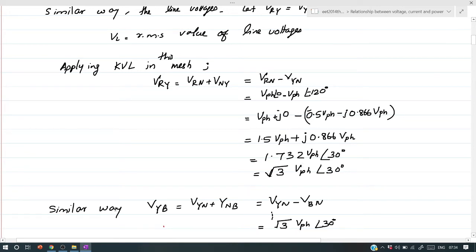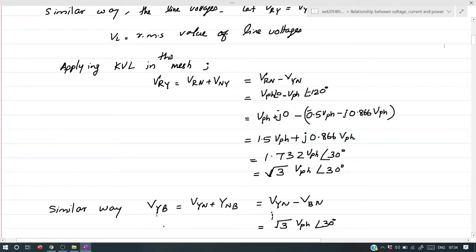Similarly, when we consider the line voltage across Y phase and B phase, which is equal to VYN plus VNB, which is equal to VYN minus VBN. After simplification, we can see that this line voltage, that is VYB, is equal to root 3 times V phase, which is leading by 30 degrees with respect to this phase voltage.